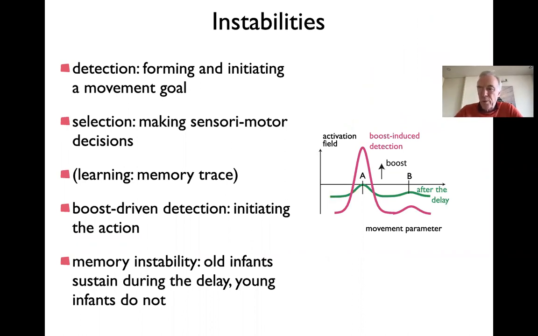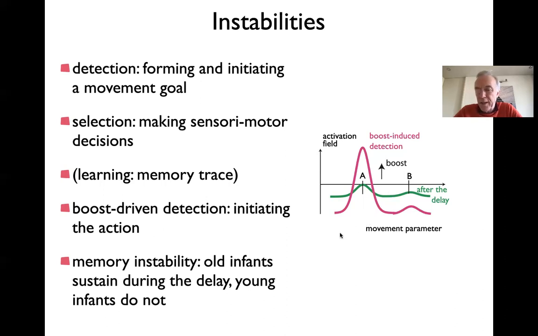And so here the boost would be critical, because if you had no peak after the delay for young infants, you would need to create a peak out of the subthreshold distribution, and that is what the boost would do. And so if there's a memory trace at A, it would be more likely that you're creating a peak at the A location than at the B location.